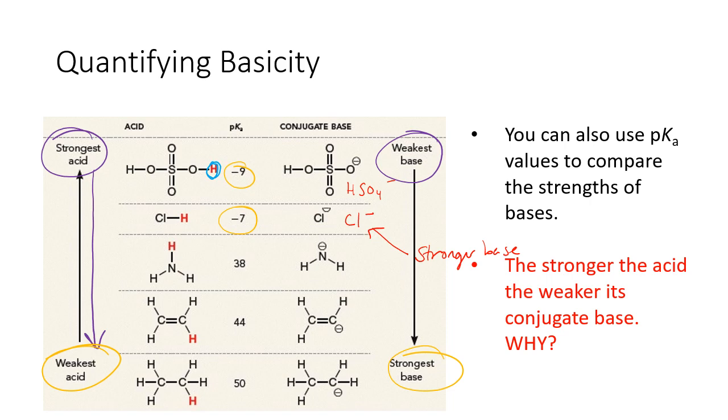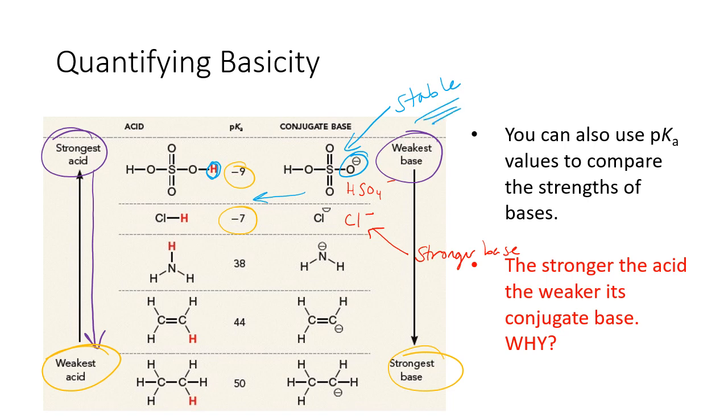The conjugate base that is the result of losing that proton is very stable. So if it's very stable, that means that it doesn't want to go back and react. So it's going to be a weak base because it doesn't want to pick up another proton. This oxygen does not want to react with something else and grab a proton and go backwards to forming its acid structure. So that's what makes it weak, is that it's very stable.